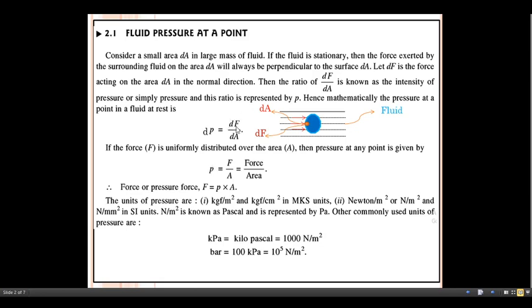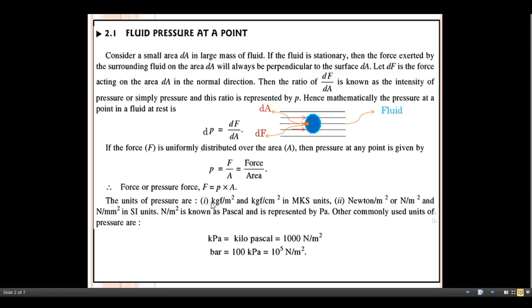For the smaller element we considered dF and dA, and if we consider the total force as well as the total area, then the intensity of pressure P is nothing but F divided by A. Here F is the force and A indicates the area. Therefore the pressure force F is nothing but P multiplied by A.